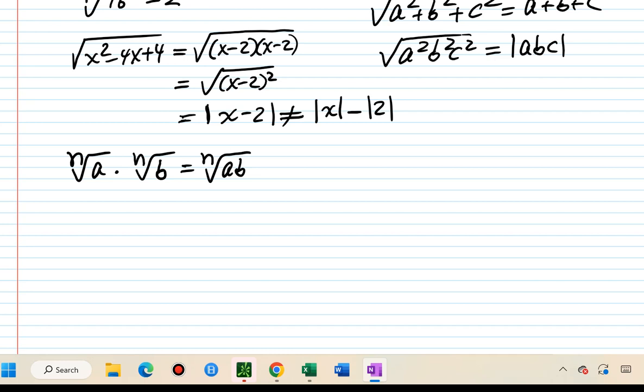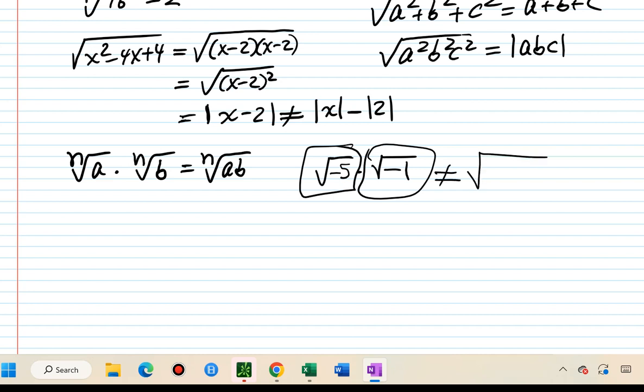So what do I mean by that? Let's say I'm doing the square root of negative 5 times the square root of negative 1. Notice this is not a real answer. The square root of negative 5 is not real because the radicand is negative, and neither is this one. So the product rule does not apply.